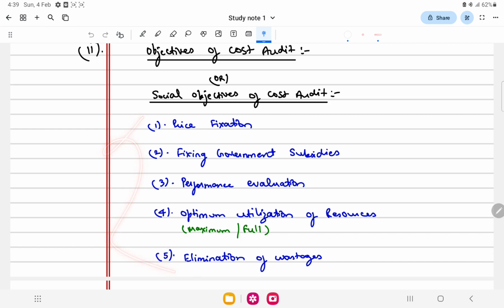So these are the 5 objectives of cost audit which you need to remember.